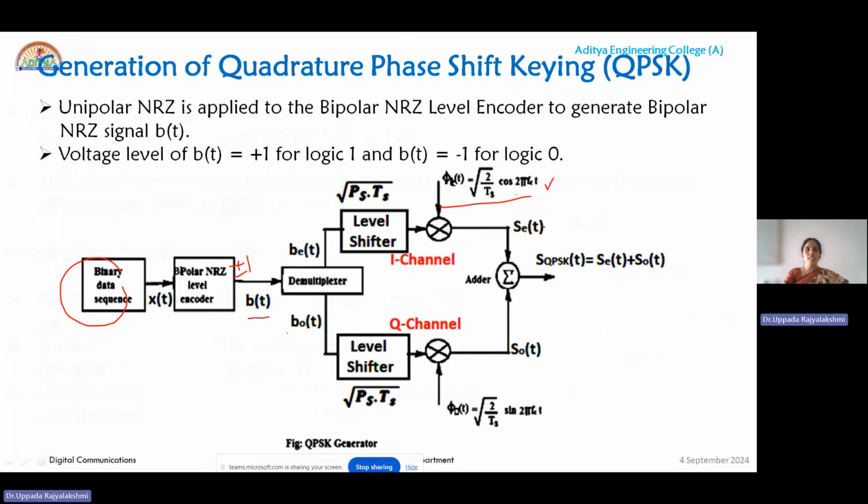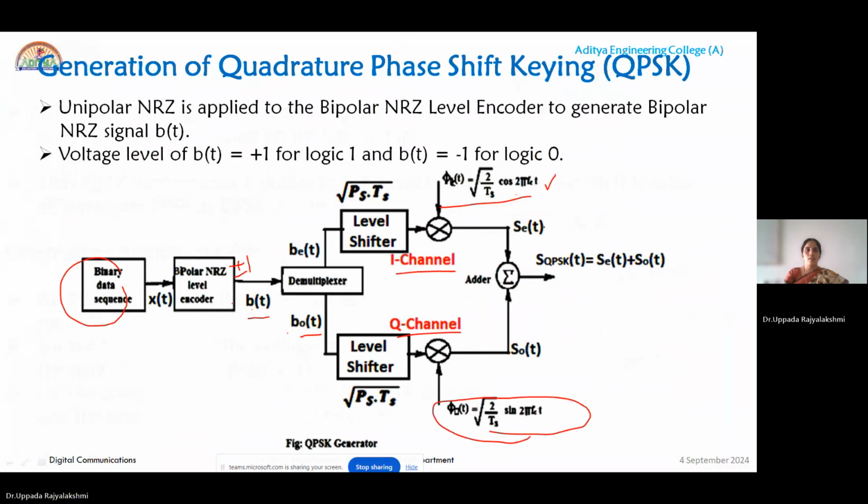So remember that this is the in-phase carrier. You have 2 channels, the I channel and the Q channel. The I channel represents the in-phase channel and the Q channel represents the quadrature phase channel. For the Q channel, the input is b o, the odd sequence of b of t, and the quadrature carrier is root 2 by Ts sin 2 pi fct.